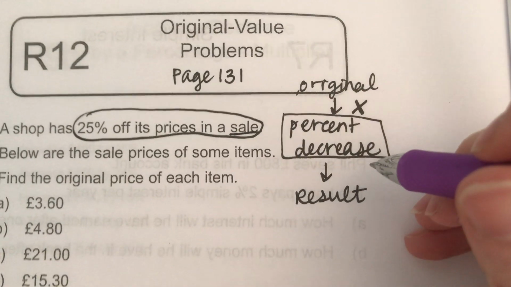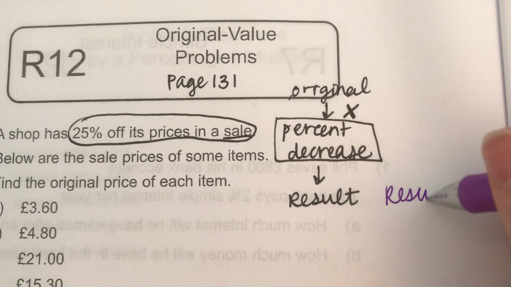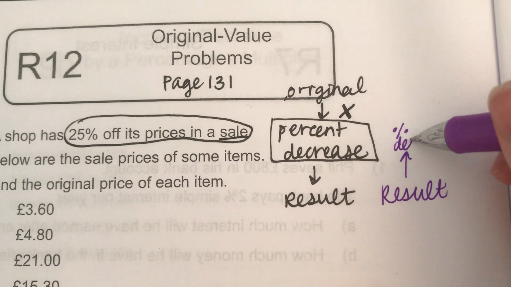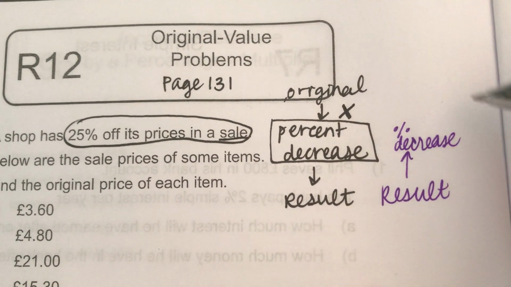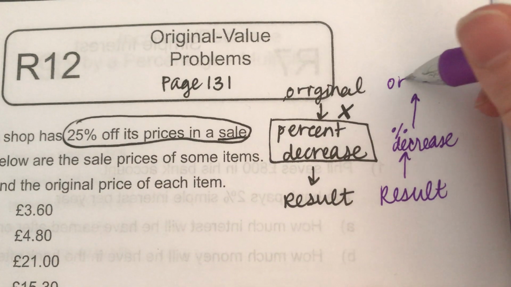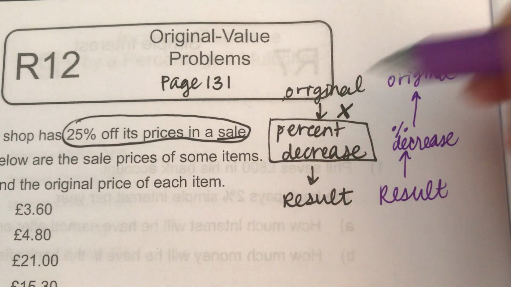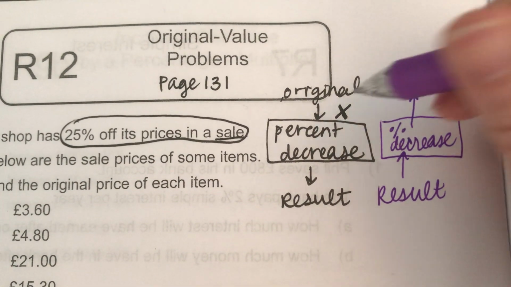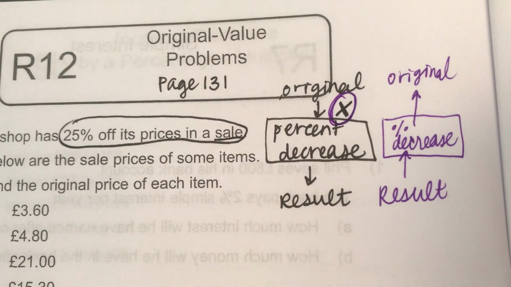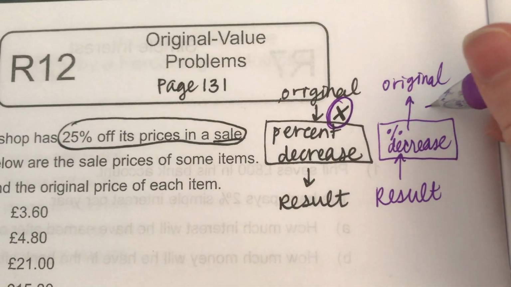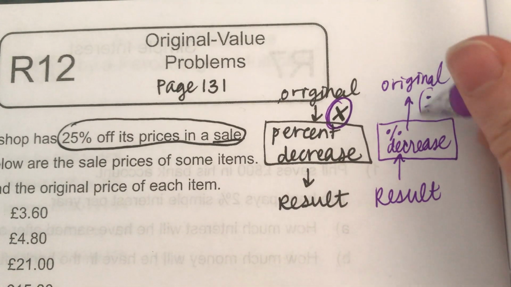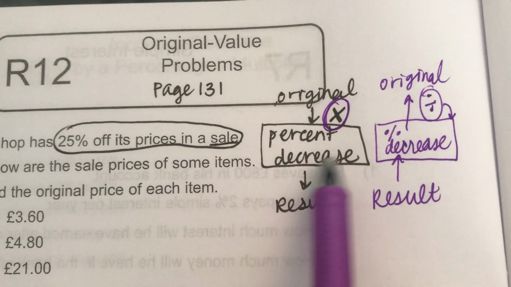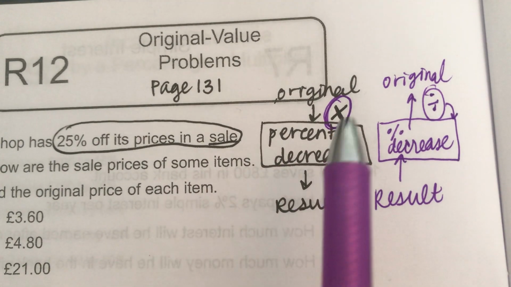So if I'm given the end result and I want to apply that percent decrease in order to find the original, see how I just went backwards? I'm going in the opposite direction. Instead of multiplying like we've done so far, today we will be dividing by that percent decrease amount. And remember, to find that percent decrease amount, we find the multiplier.